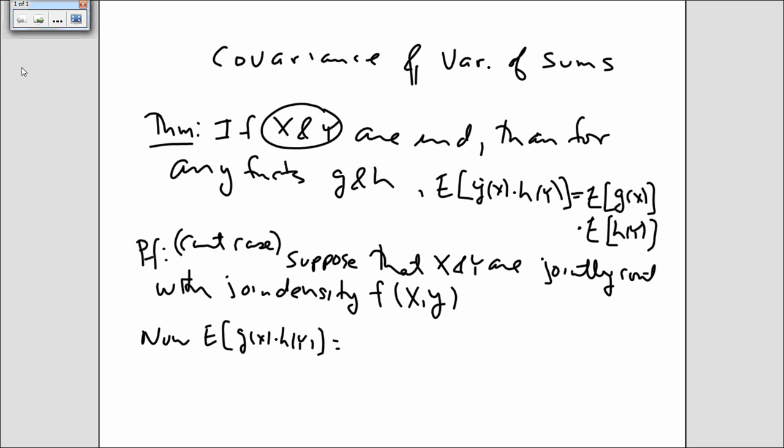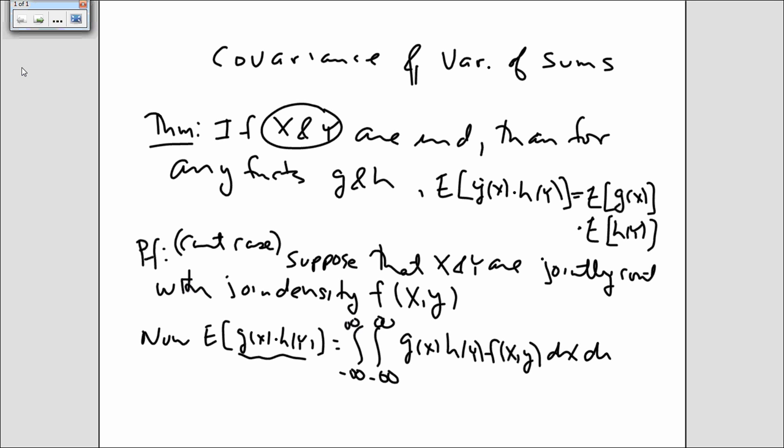The expected value of g of X times h of Y is nothing more than a double integral from negative infinity to infinity on both limits of g of X times h of Y, times the joint density f of xy, dx dy.